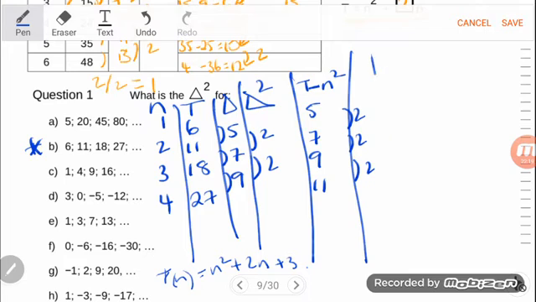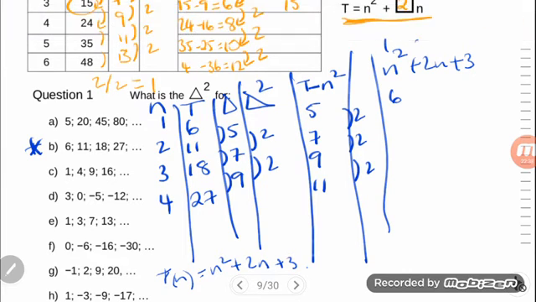Let's try it. N squared plus 2n plus 3. When n is equal to 1, 1 plus 2 plus 3 is 6.